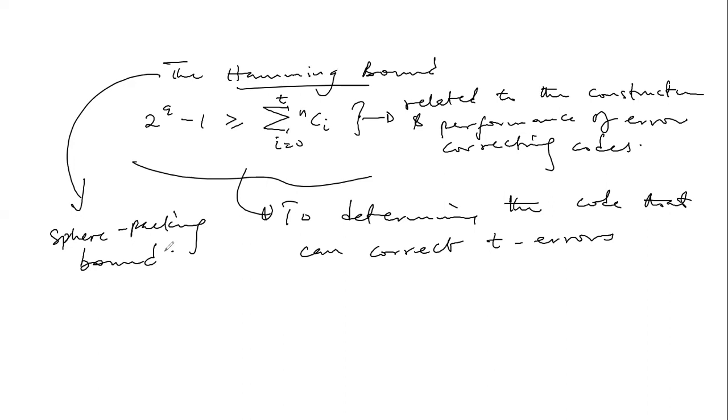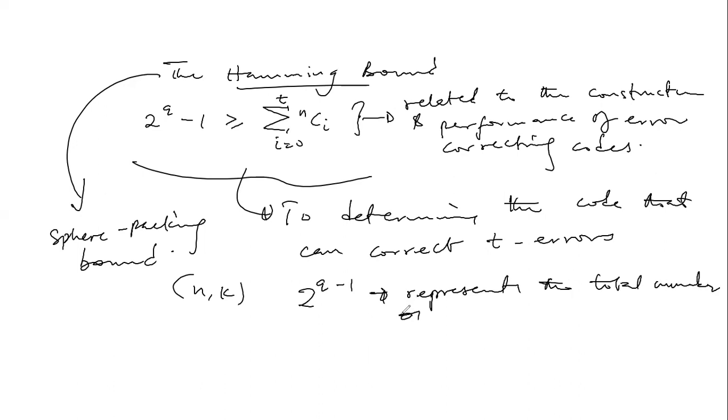And for us to be able to explain this in the context of linear (n, k) codes, let us take things in turn. 2 to the power of q minus 1 now represents the total number of syndromes in a linear block code.